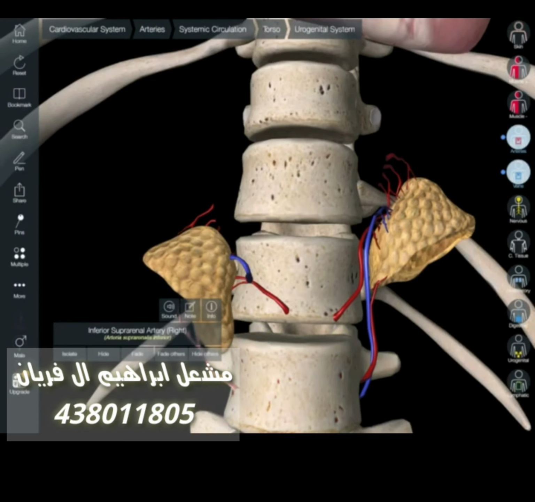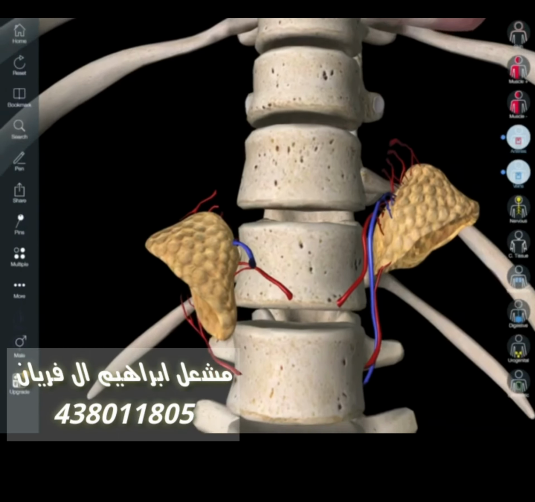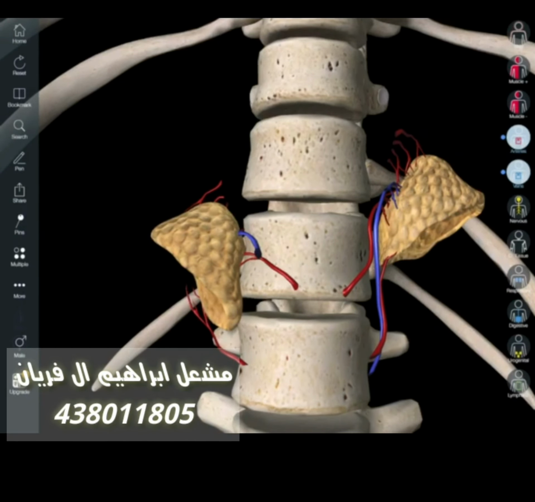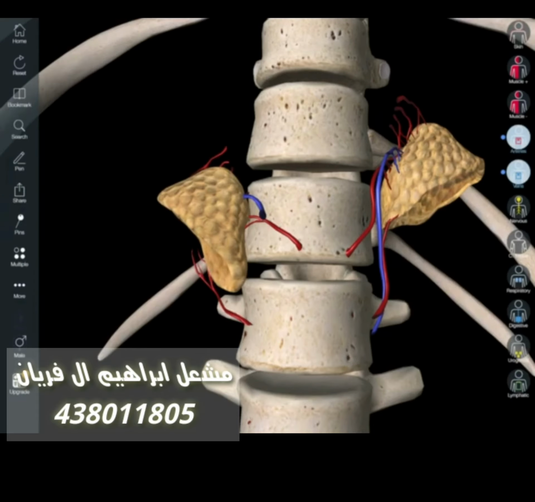The superior suprarenal artery comes from the inferior phrenic artery, and the middle suprarenal artery comes from the aorta. Sorry, I cannot show the main arteries because there is a problem in this application. Every time I show it, it kicks me out. And the inferior suprarenal artery comes from the renal artery.